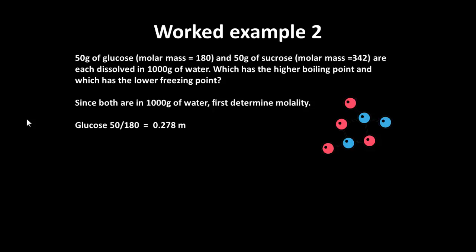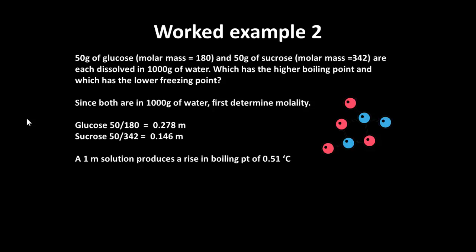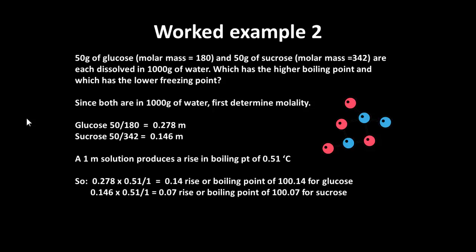So for glucose, 50 over 180 is equal to 0.278 molal. And for sucrose, 50 over 342 is equal to 0.146 molal. So we know that a 1m solution produces a rise in boiling point of 0.51 degrees Celsius.